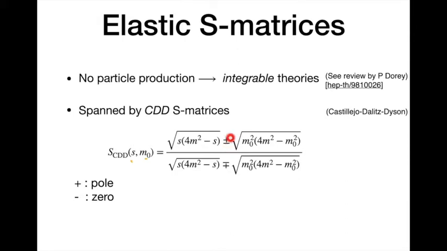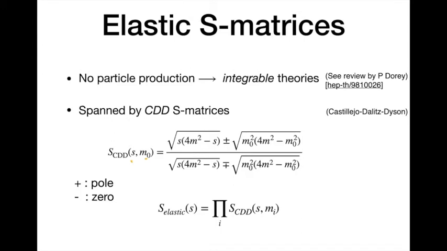If you choose the plus sign, you see that when S goes to M0, you have a pole in the denominator. And in that case, M0 would be the location of the bound state. And if you choose the other sign, your S matrix has a zero. And the statement is that any S elastic is a product of these guys, and that's it. That's all you can have.